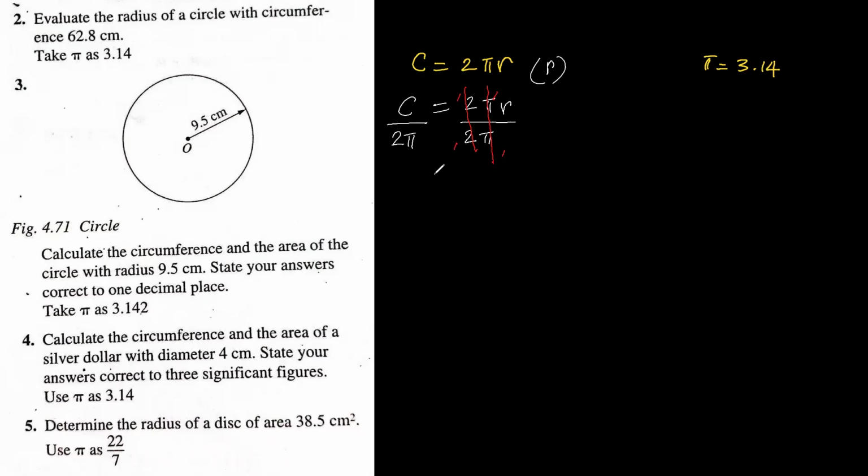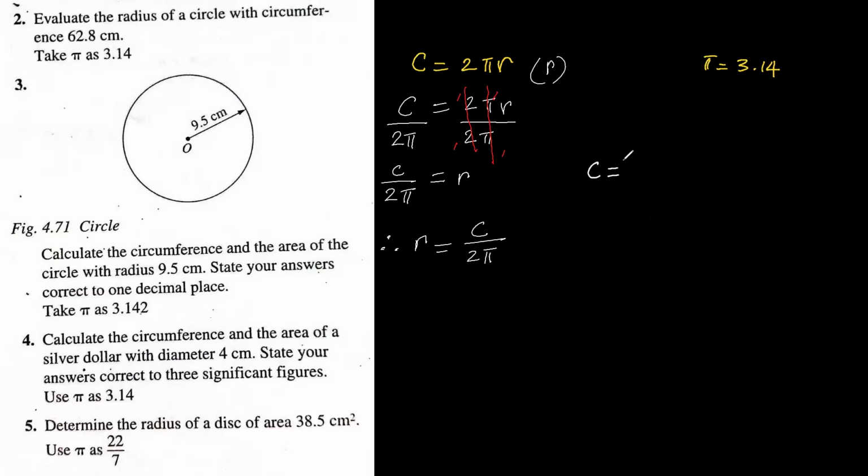So remember, equal sign under equal sign. R is equal to C over 2 pi. They told us what C was.